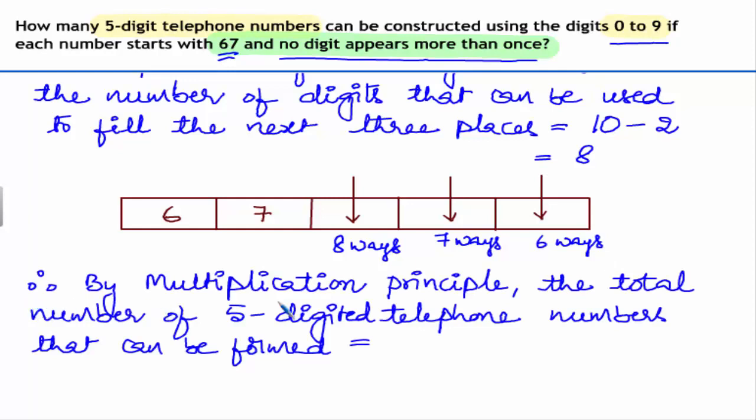Therefore, by multiplication principle or fundamental principle of counting, the total number of 5-digit telephone numbers that can be formed as per the given condition is given by 8 into 7 into 6. So which gives us 336.